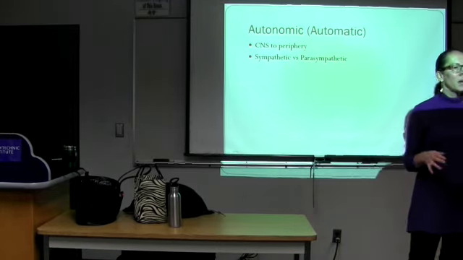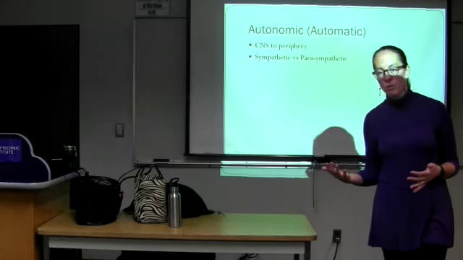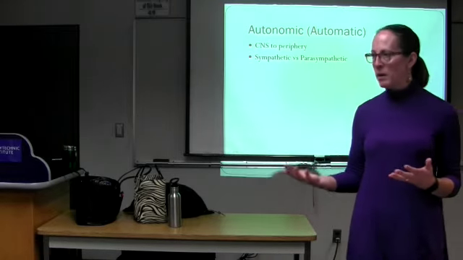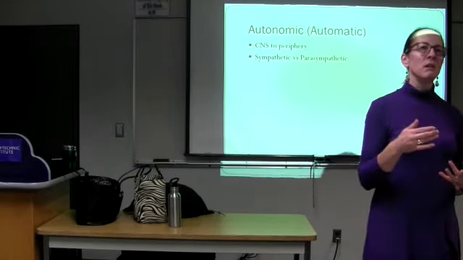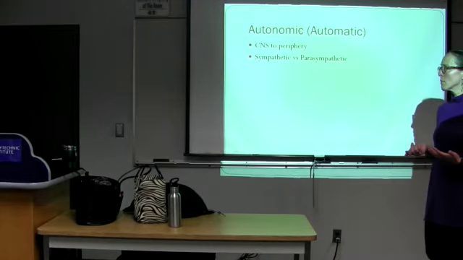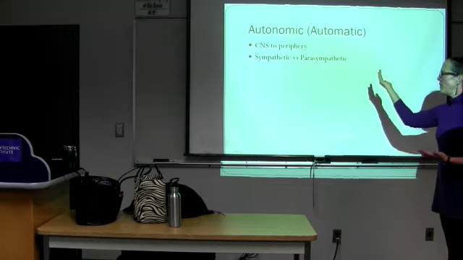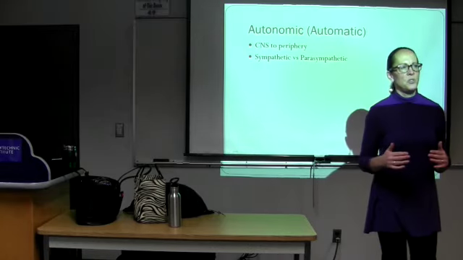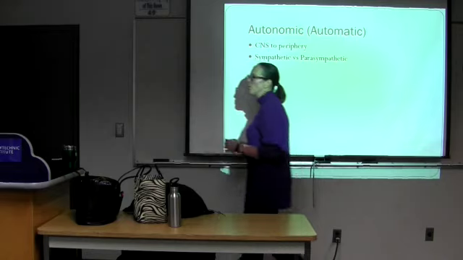Breathing, heart rate, yes, you have some voluntary control over breathing, but it's primarily involuntary, digestion, etc. Anything that you could think of that's automatic. It's broken down into sympathetic and parasympathetic. We're going to look at those two divisions and what they do.